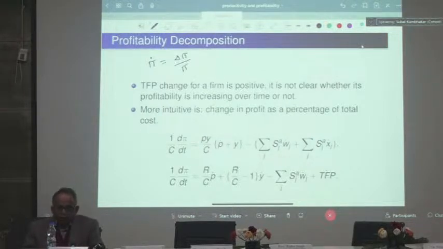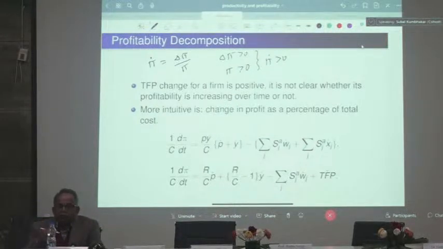There is a problem here. If for a firm delta pi is positive and pi is positive, then the ratio pi dot is positive. So the firm is earning more profit and it has a positive profit, then profit change is positive.